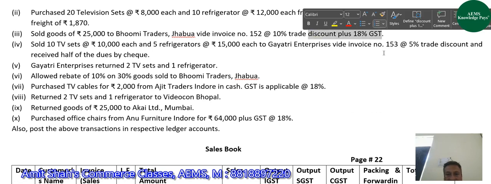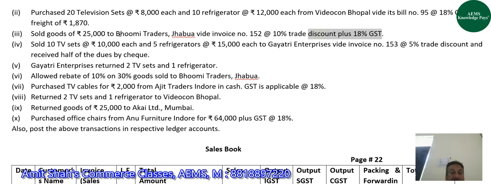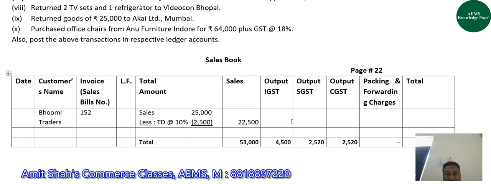Then there is GST at the rate of 18%. Now since it is intrastate sales, that is why we will have 9% going to SGST and 9% going to CGST.